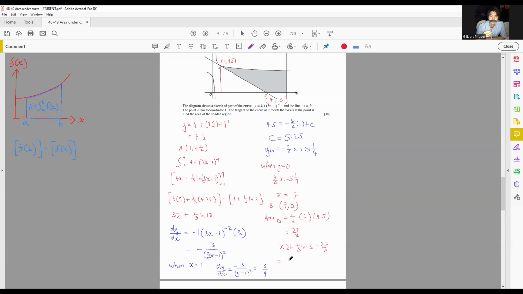Type that into your calculator. You're supposed to get 18.5 plus 1 over 3 ln 13 as your final answer. Since they never asked for specific exact answers, you can also write it as a decimal. The decimal here would have been 19.4, corrected to 3 significant figures.